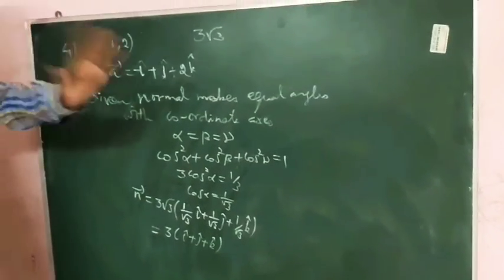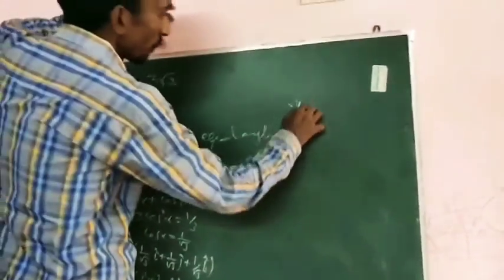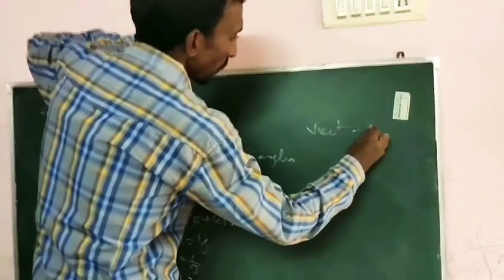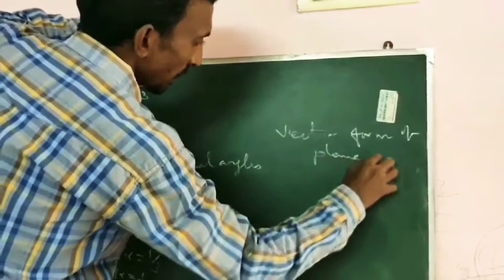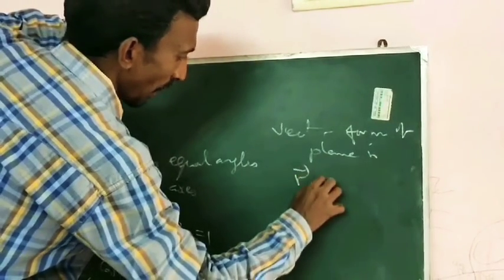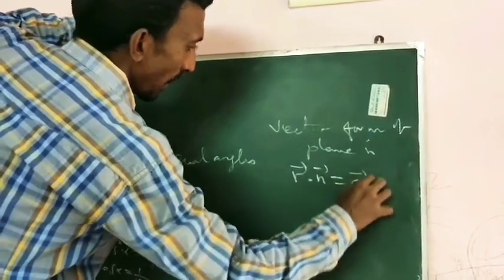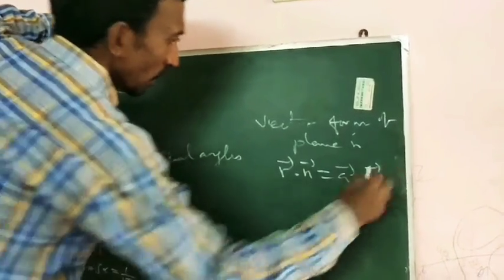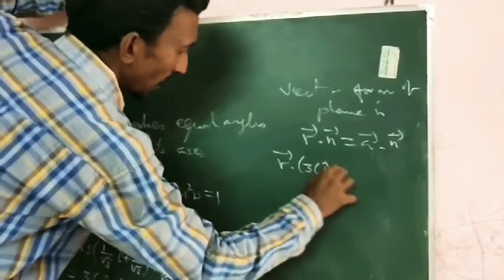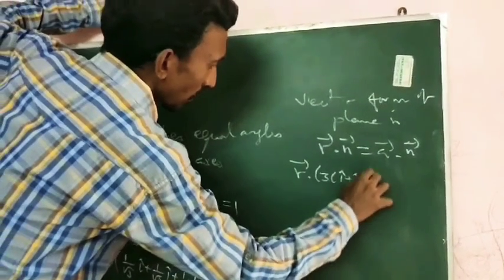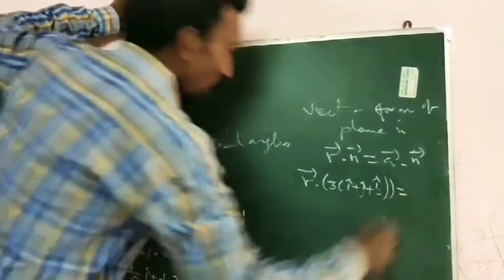Okay. So we know that the vector form of plane is r dot n equal to a dot n. So r dot 3 into (i plus j plus k) is equal to a dot n.